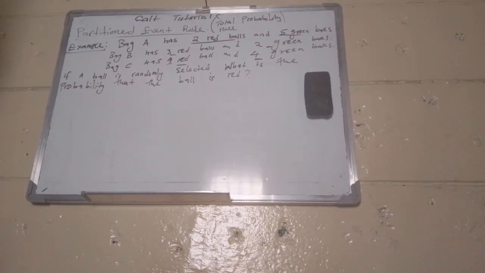Now, we are told that if a ball is randomly selected, what is the probability that the ball is red?